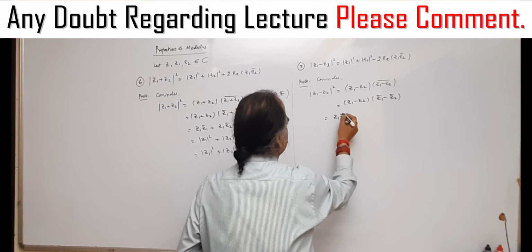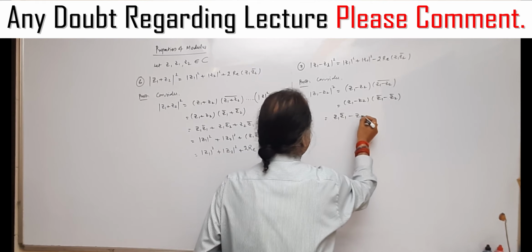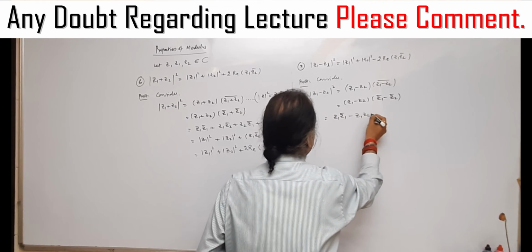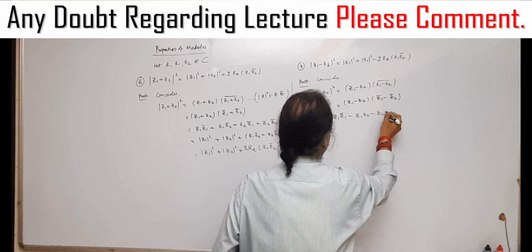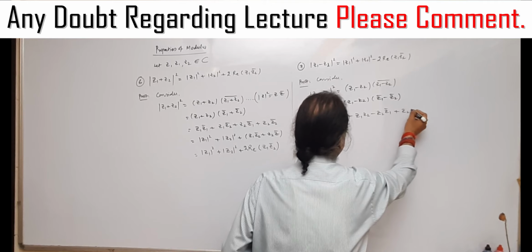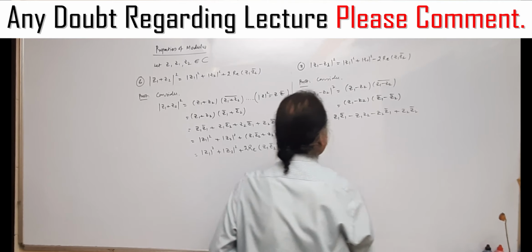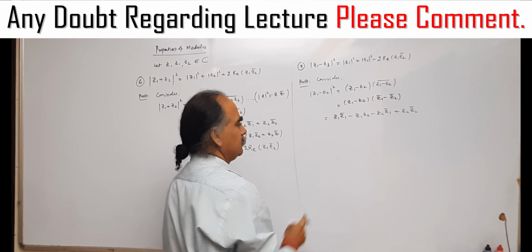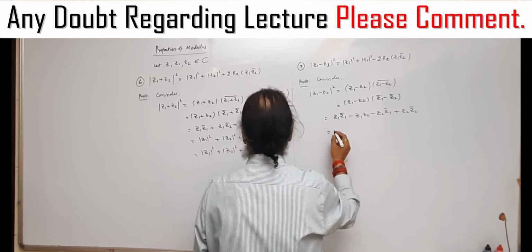So z1 z1 bar minus z1 z2 bar minus z2 z1 bar plus z2 into z2 bar. This will give you what?